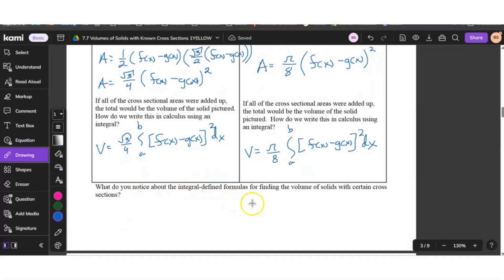All right, what do we notice about the integral formulas for finding them? I already told you what is true. It's always going to be a coefficient times... Exactly. So there's always going to be, why can't I spell coefficient suddenly? Is there 2 F's or 1? 2 F's. Coefficient.